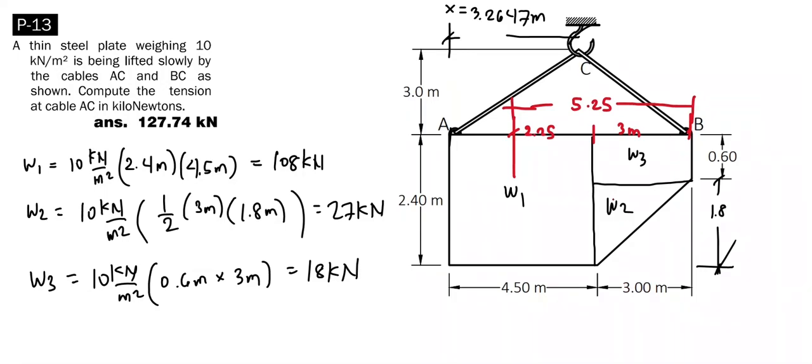For W sub 2, the centroid of the triangle from the base is 1/3 of its 3 meters, so this value is 1 meter, giving a remaining distance of 2 meters from the centroid to point B. And for W sub 3, that is just 1/2 of the horizontal distance of this rectangle, so this distance is 1.5 meters.